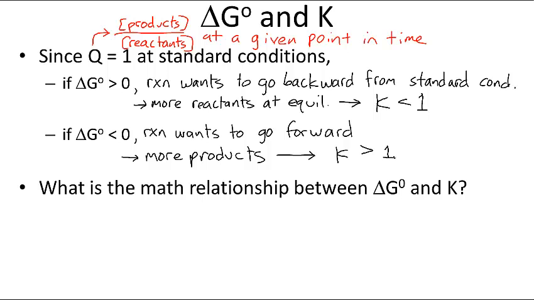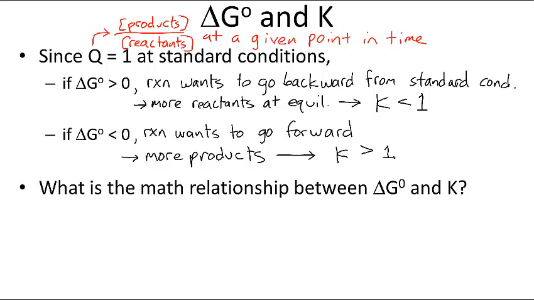Essentially, that's what the terms thermodynamically favorable and thermodynamically unfavorable mean. Thermodynamically favorable means you want to make more products, so equilibrium will favor the products. It'll be a K value greater than 1. Delta G positive means it's unfavorable. That means it doesn't want to go forward, it wants to go backward, more reactants at equilibrium.